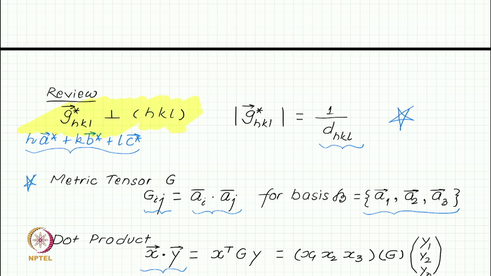So, it is the G star, this star is very critical, not any arbitrary vector, but if you want in general for the HKL direction to be perpendicular to the HKL plane, the direction has to be in the reciprocal space, that is HKL have to be referred to A star, B star and C star.